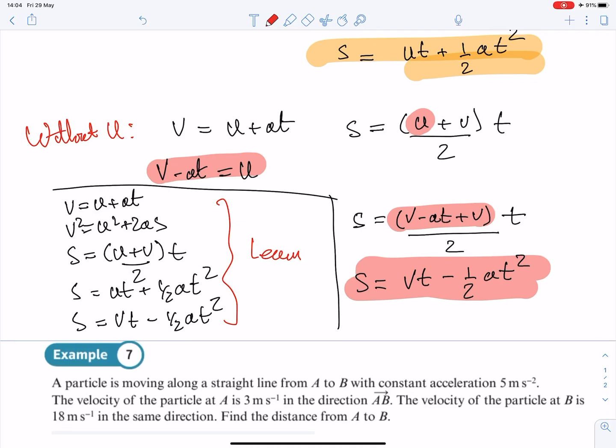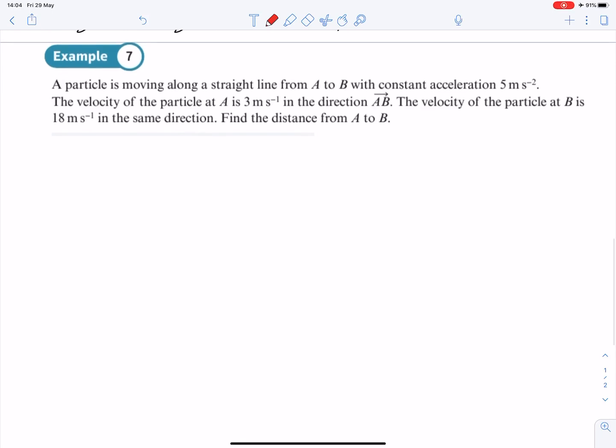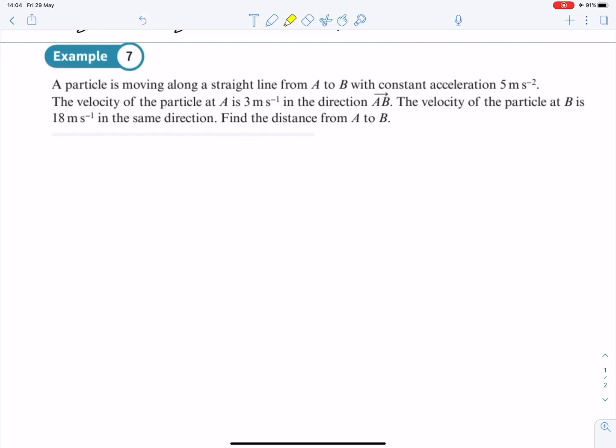Okay. Right, so we can move on now to the first example in this section. As usual, with an example, we need to read the question carefully. We may need to draw a diagram to pick out the right information and then solve it. So, a particle is moving along a straight line from A to B with constant acceleration 5 meters per second squared.